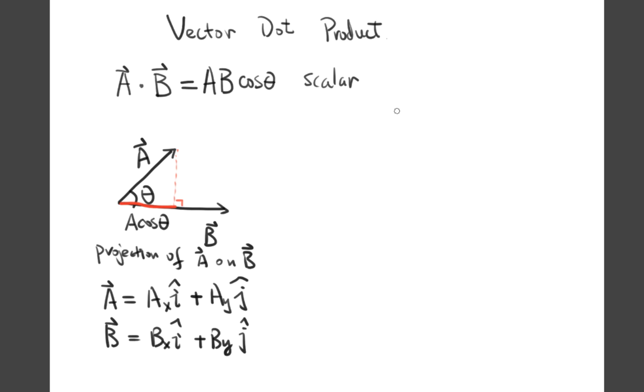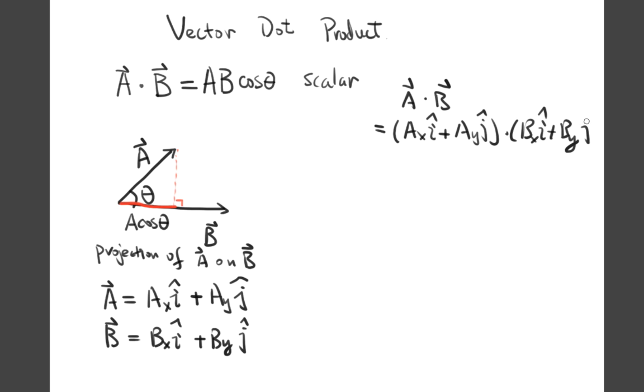Now A dot B becomes (AX I hat plus AY J hat) dot (BX I hat plus BY J hat). We're going to get four terms: I dot I, I dot J, J dot I, J dot J.